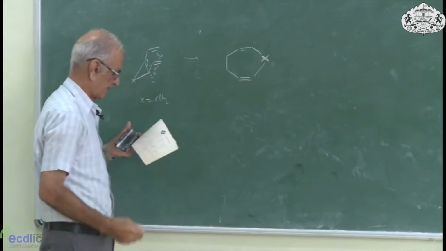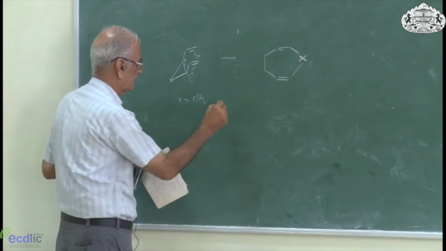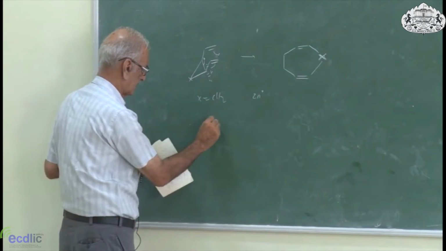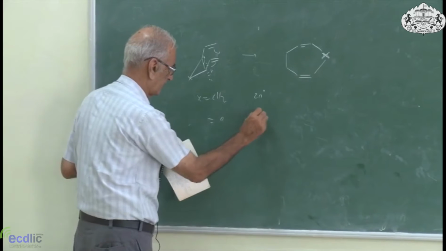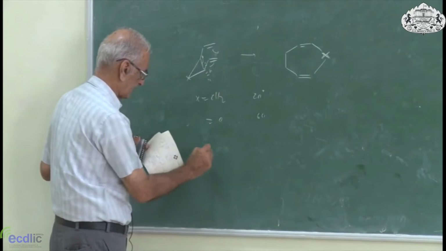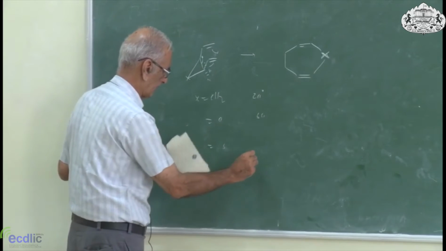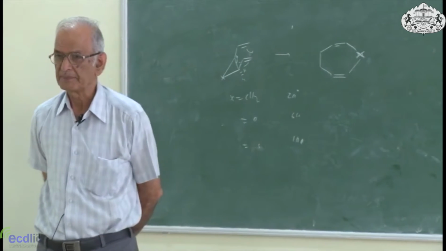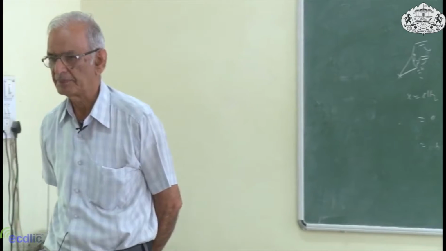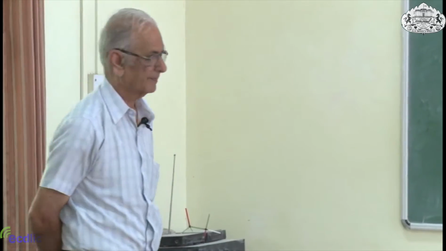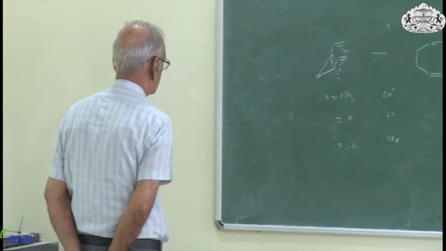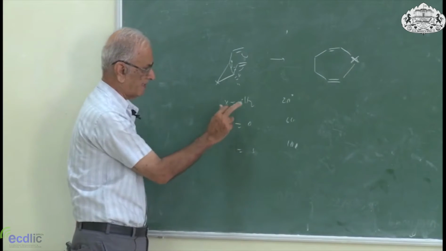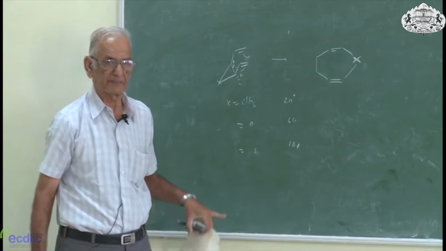So, X is equal to CH2, temperature required 20 degrees. X is equal to oxygen, temperature required 60 degrees. X is equal to sulfur, temperature required 100 degrees. This and this can be easily explained.